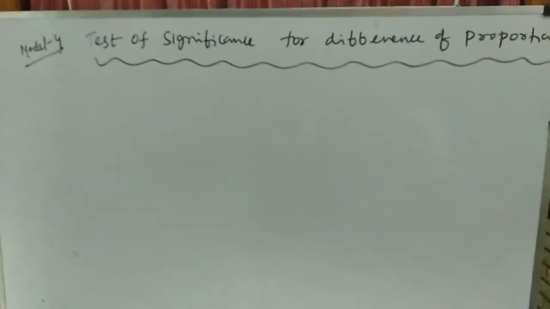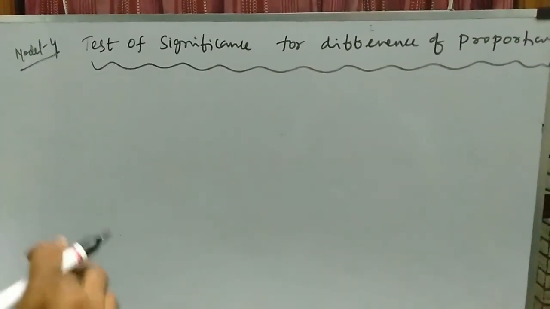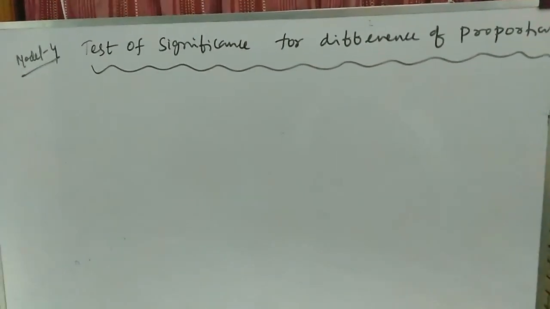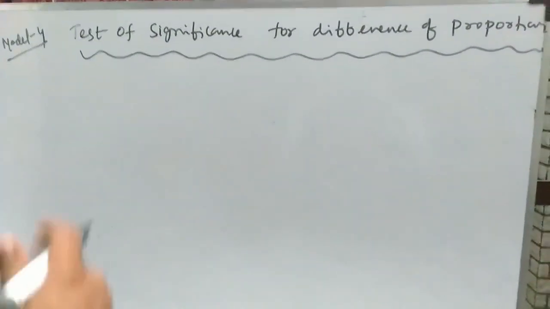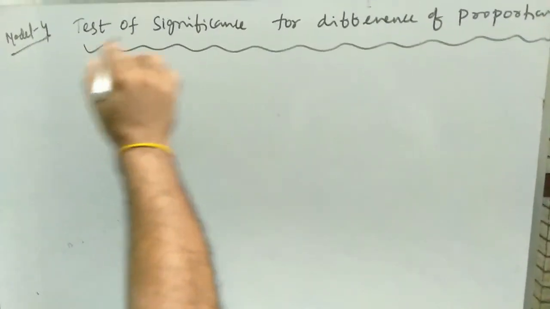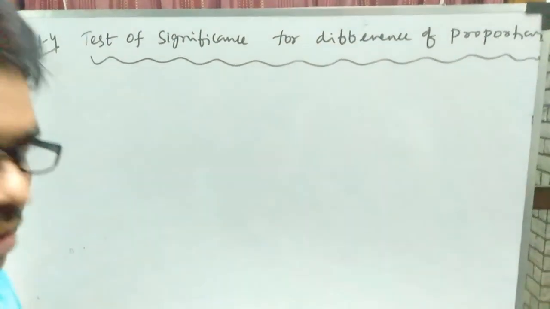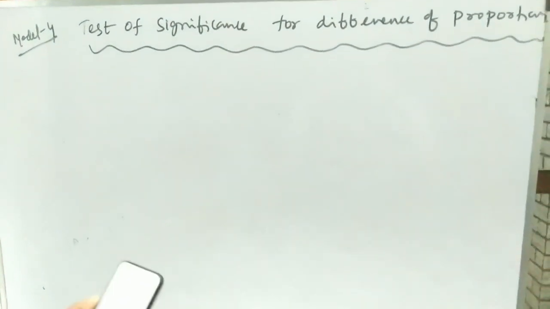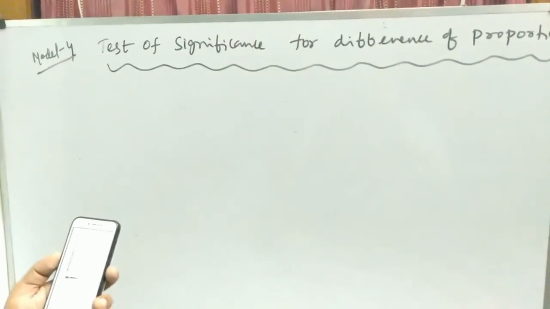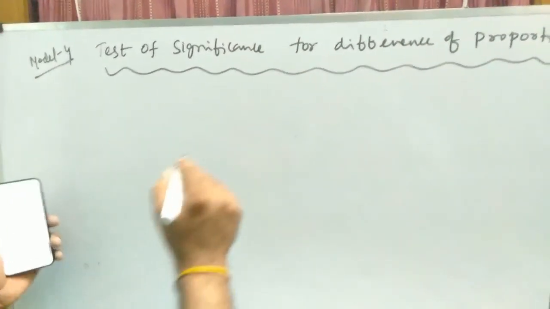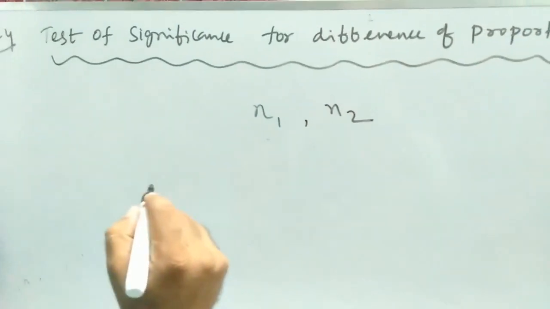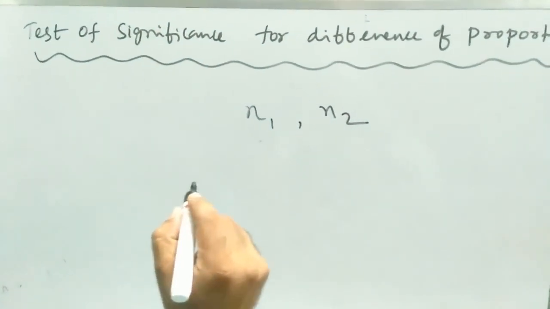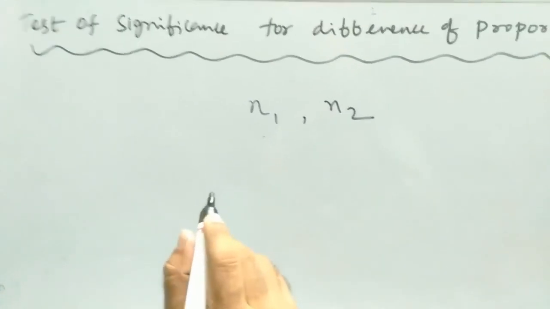So now the last model in the fourth unit: test of significance for difference of proportions. The previous model is test of significance for single proportion. This is the test of significance for difference of proportions. Suppose there are two large samples of sizes n1 and n2 respectively from two different populations.